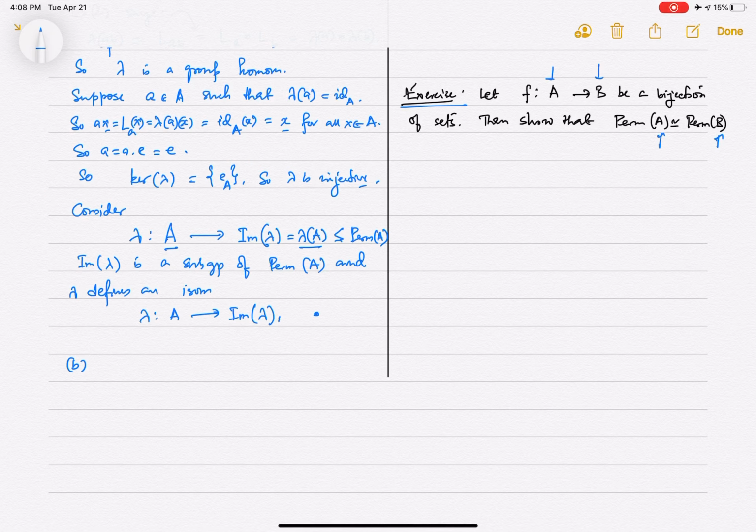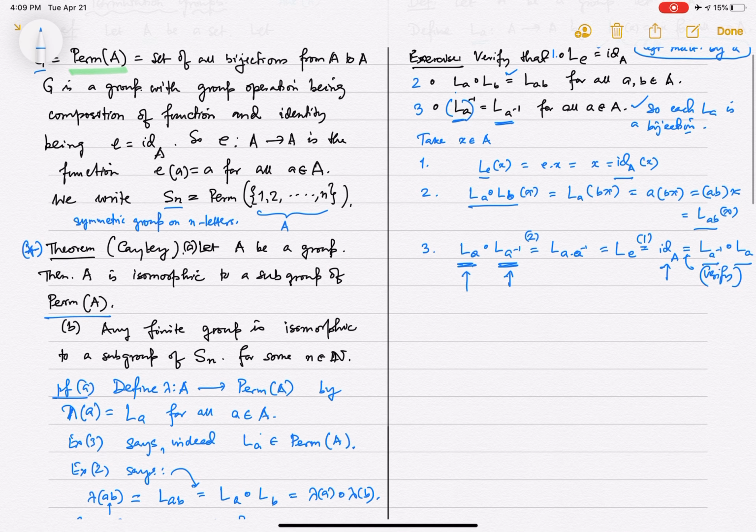But if you grant me that, then now let G be a finite group, and let n be the number of elements of G. And I want to show that G is isomorphic to some subgroup of some S_n.